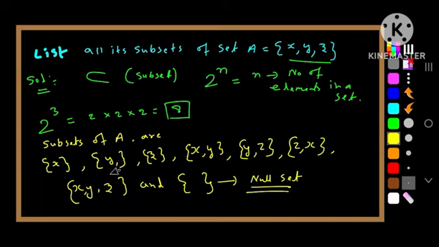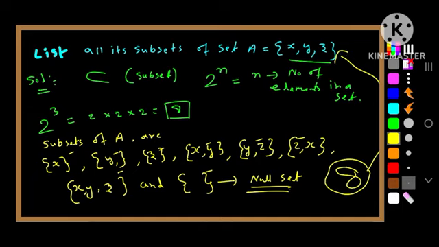So total how many sets are there? 1, 2, 3, 4, 5, 6, 7, 8. So there are 8 subsets of this set A. So what is the formula here? 2 to the power of 3. So 3 represents 3 elements are there.